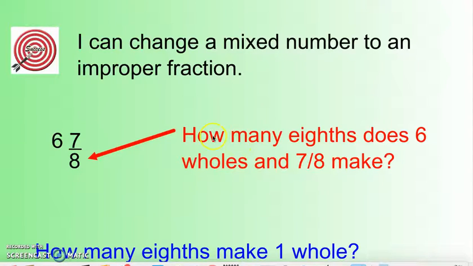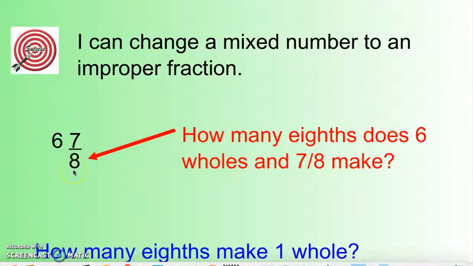If I think about it, first of all, I have 6 whole amounts, and then I have 7/8 of another whole amount. Now, the 7/8 is separated into how many equal parts? Well, the 8 kind of gives it away for us.